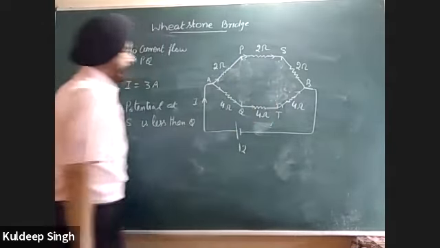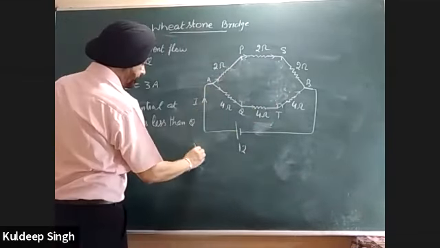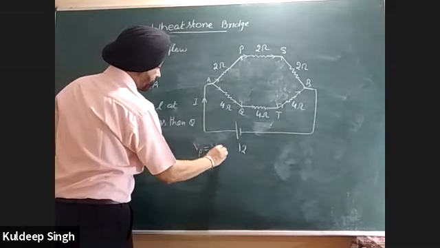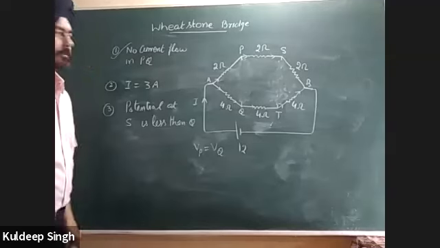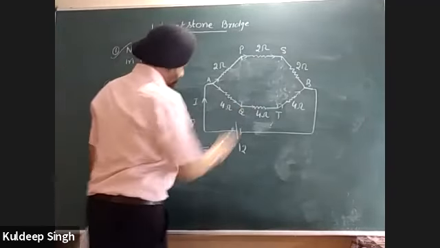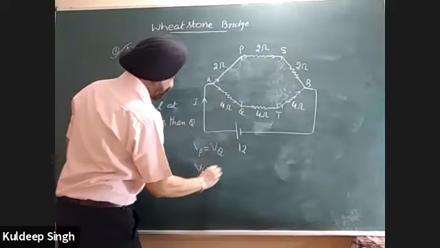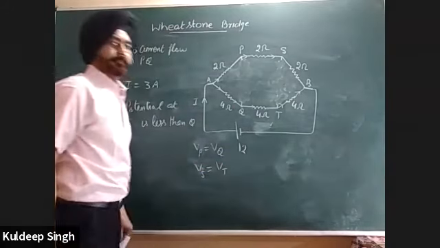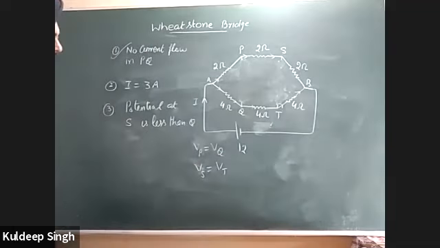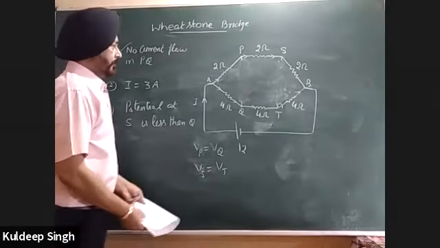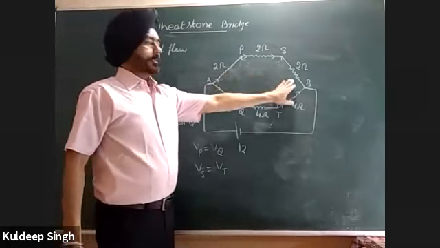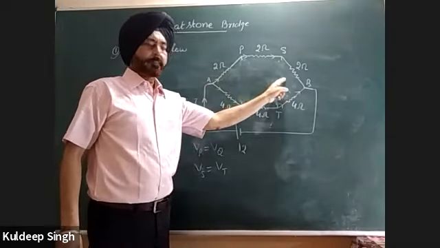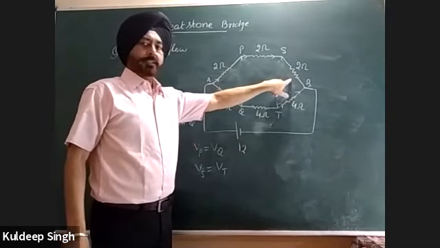The potential at P is equal to potential at Q. Similarly, potential at S is equal to potential at T. Now, if you look at the direction, the current is going this way from higher potential to lower potential.